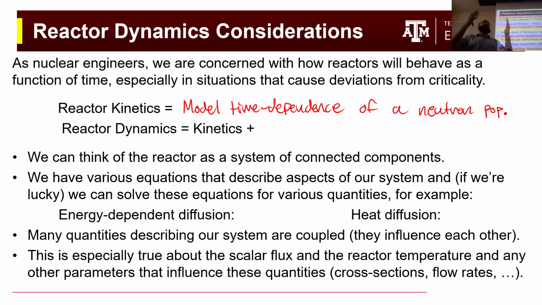If we have more fissions, more heat is produced, so things in our reactor are going to heat up. As things heat up, certain parameters change: our cross sections will change, our materials will expand. Those are feedback effects, and that's what dynamics is. It includes things like temperature and feedback effects.